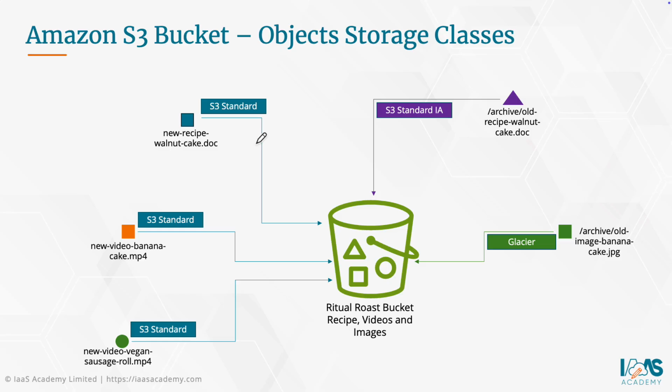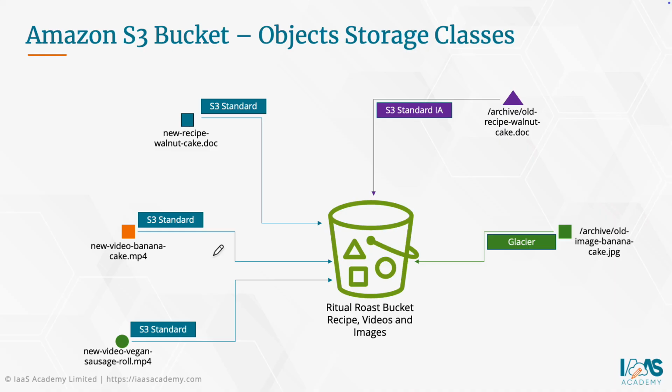As we progress, as we improve our recipes, as we use AI to come up with some new bright ideas, whatever it might be, you're likely to experience a scenario where a lot of the current data becomes non-current or not used or rarely accessed, in which case you want to transition those data sets and those objects into cheaper storage classes. And you want to automate that process. You don't want to manually have to move stuff around in your S3 bucket. And that's where lifecycle management comes in.